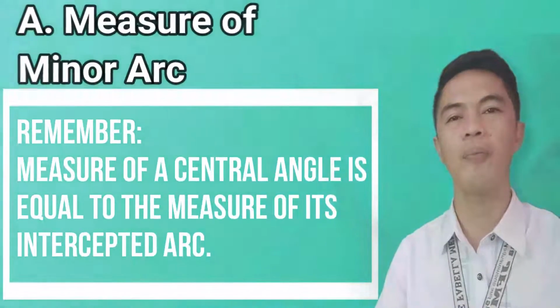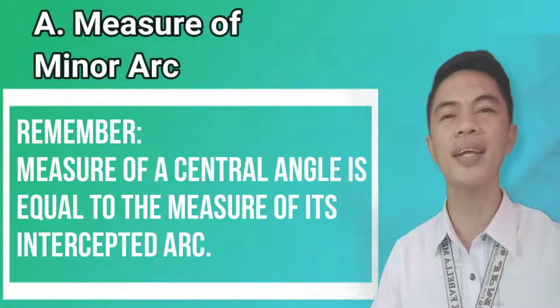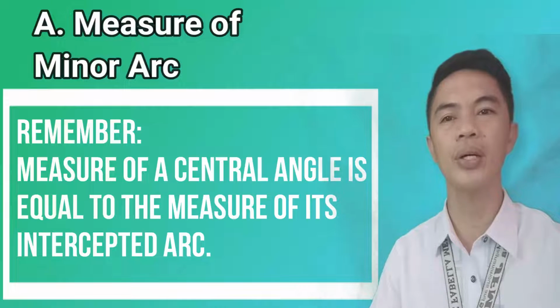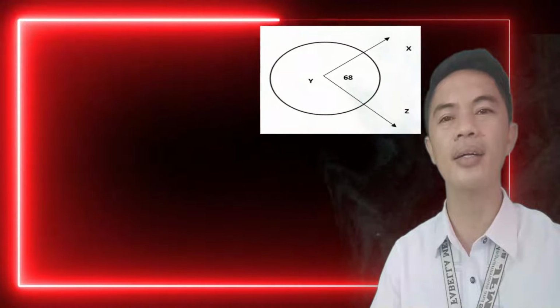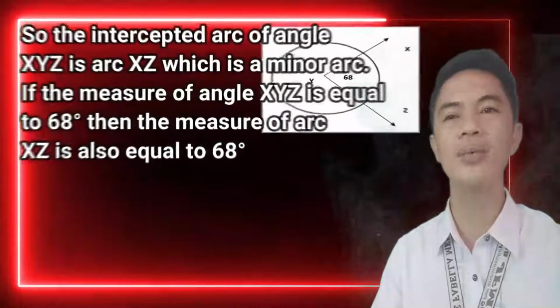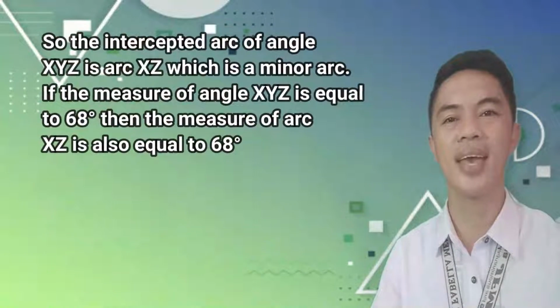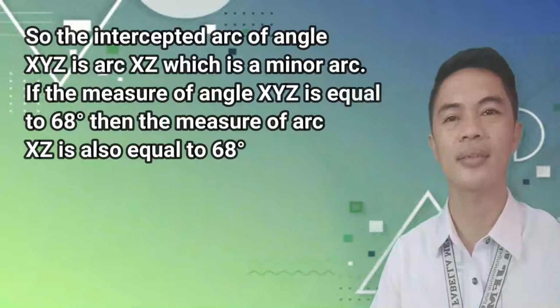Measure of minor arc. So remember, the measure of a central angle is equal to the measure of its intercepted arc. So the intercepted arc of angle XYZ is arc XZ, which is a minor arc.